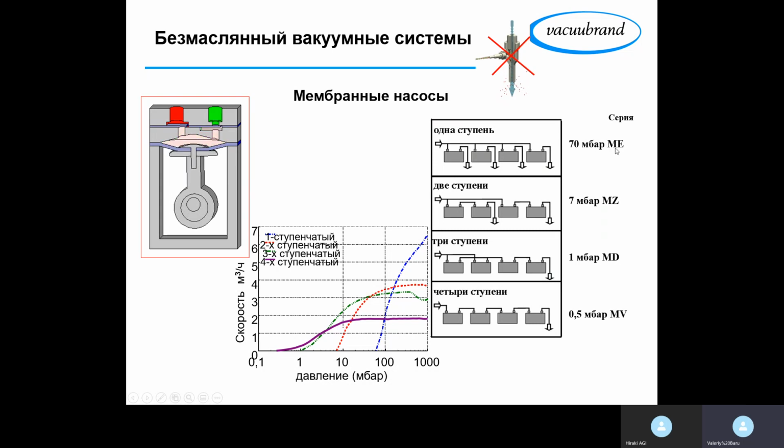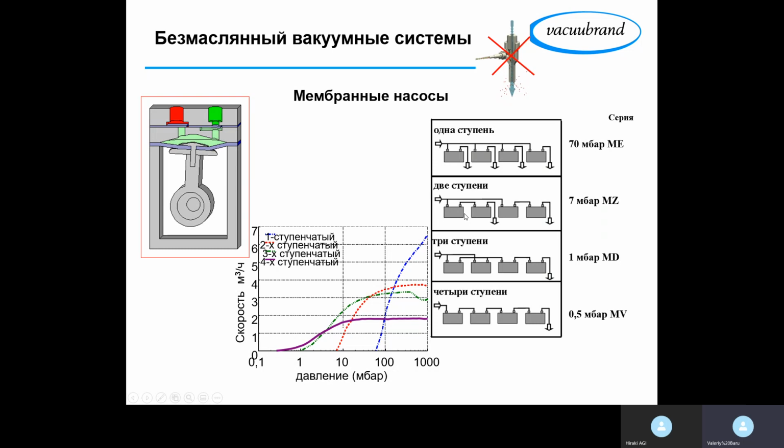So if we're talking about the ME, this means the membrane pump, one-stage membrane pump. Then the two-stage, and three- and four-stage membrane pumps. As I told you already, in case of a one-stage pump, we have the maximum performance, but a very rough vacuum.